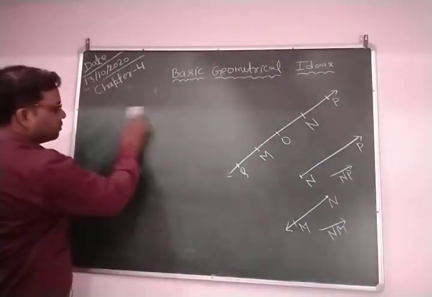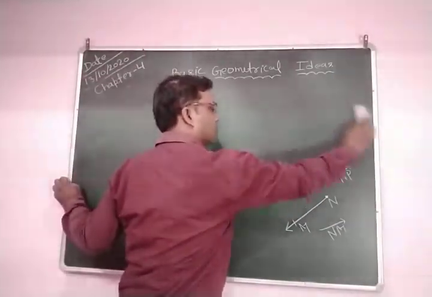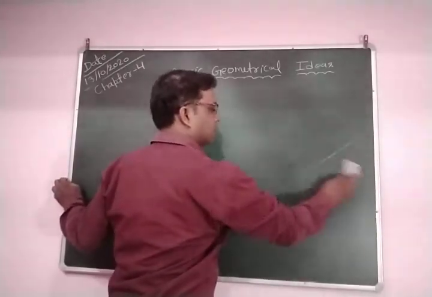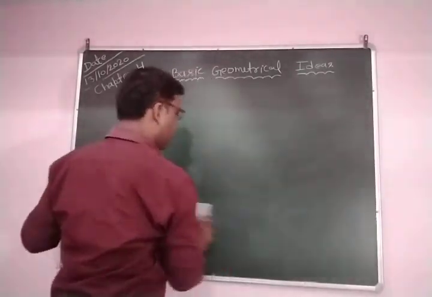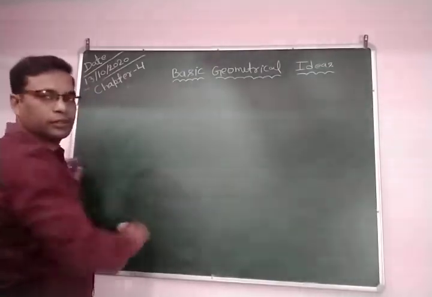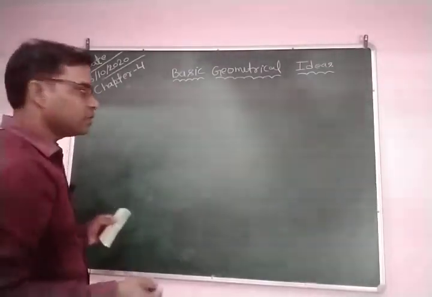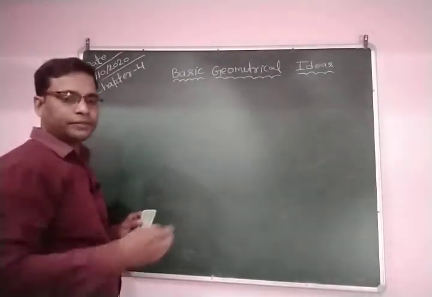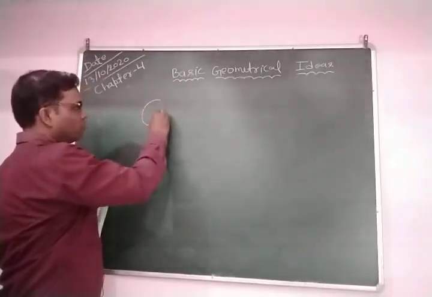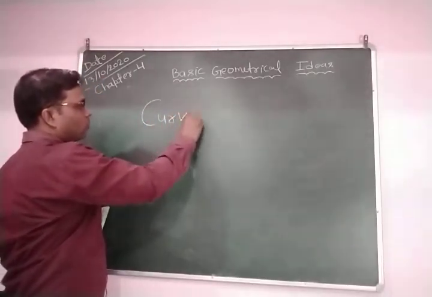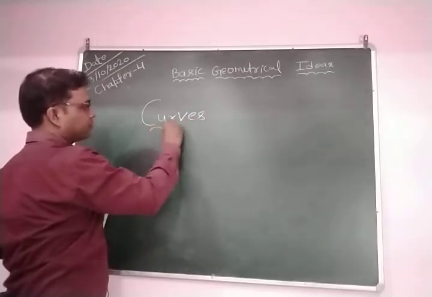Some curves are open curves, some are closed curves, and some are simple closed and some are simple open, like this. What is a curve? Now we are going to explain what curves are.